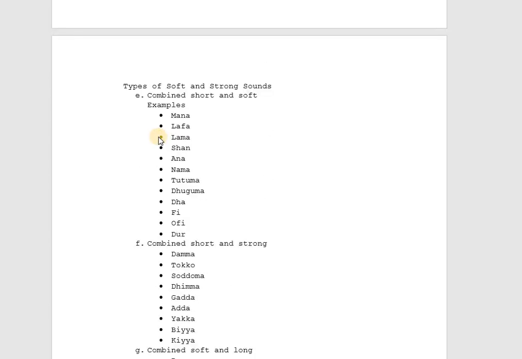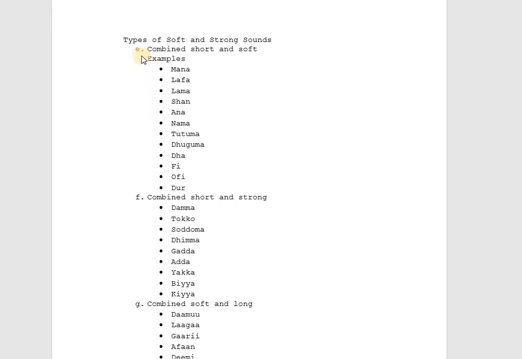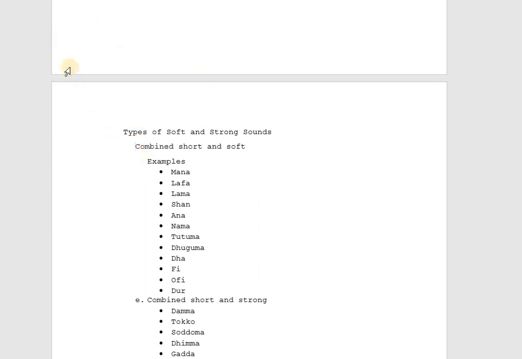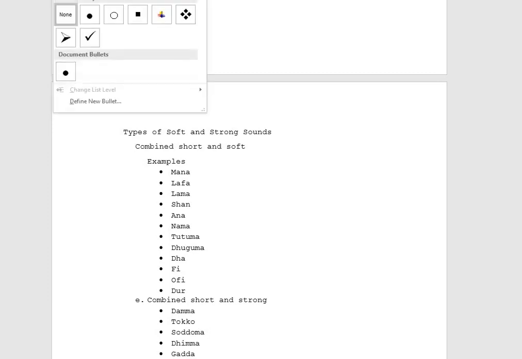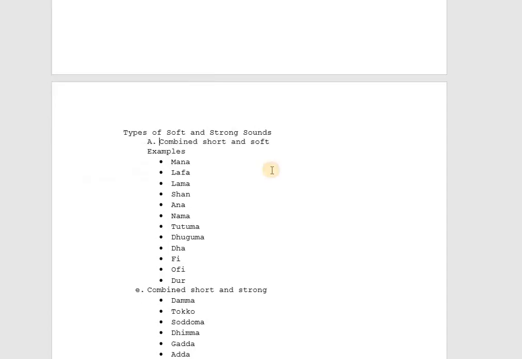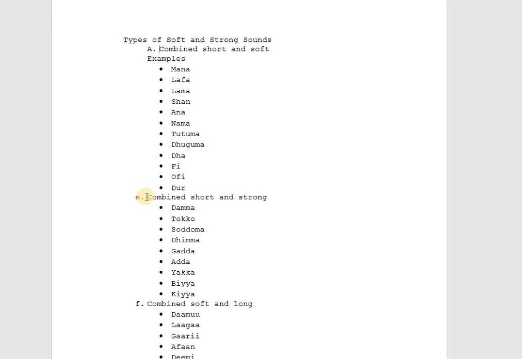Let's see their examples. Sorry, this order is wrong, let me correct it anyway. Sorry about that.